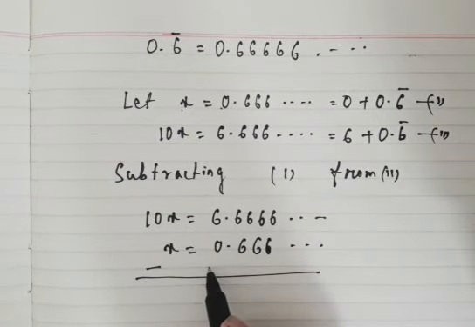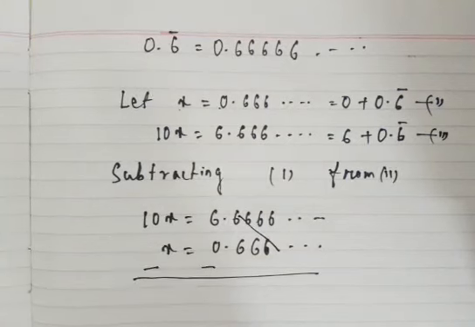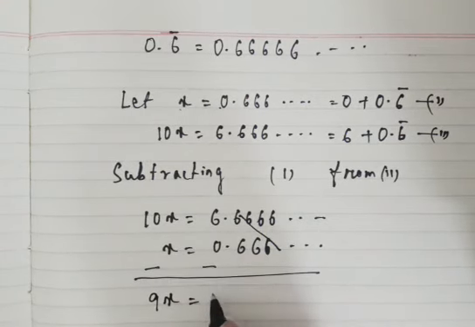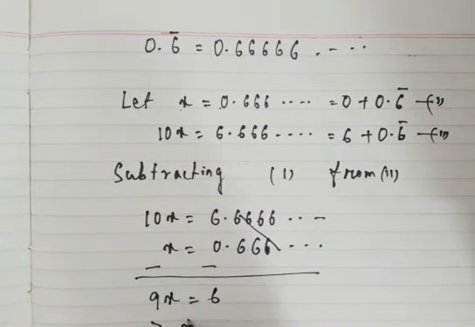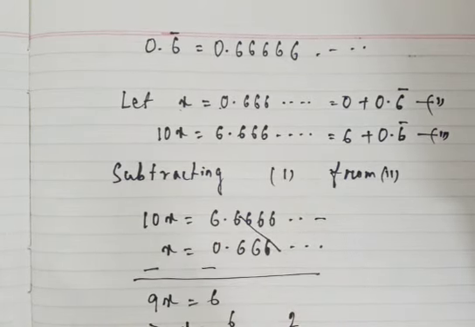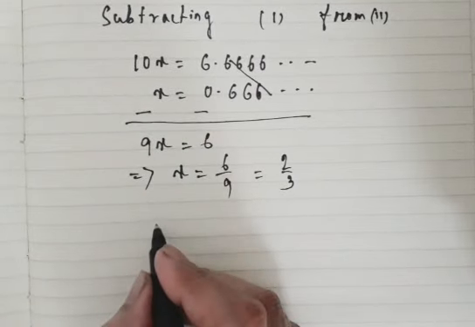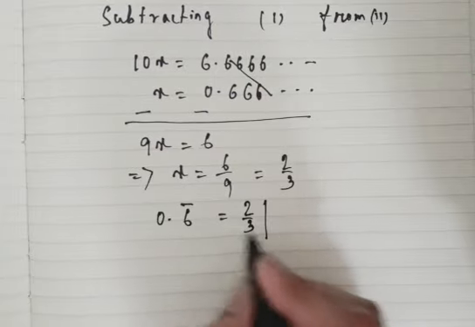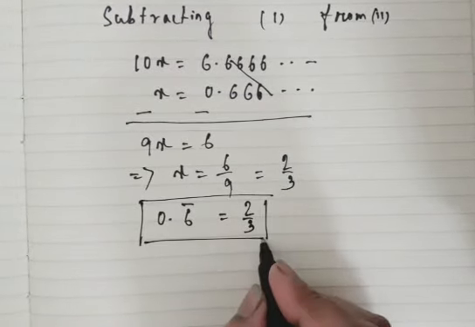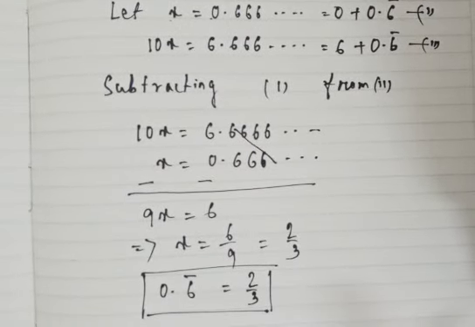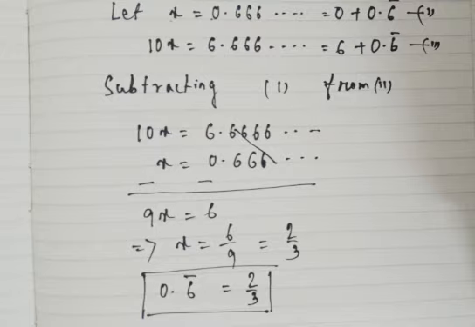Directly you can simply cancel out the decimal part. So we can write 9x equal to 6, or x equal to 6 by 9, that is 2 by 3. So 0.6 bar equals 2 by 3, written in lowest terms. So in this way we can express 0.6 bar in p by q form.